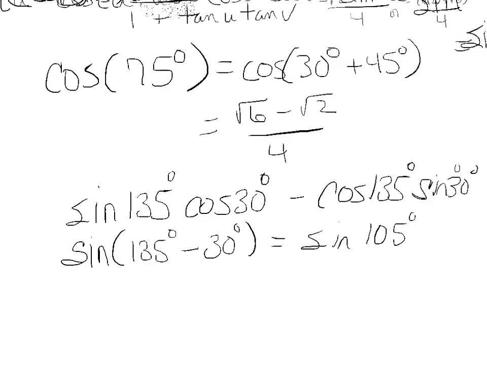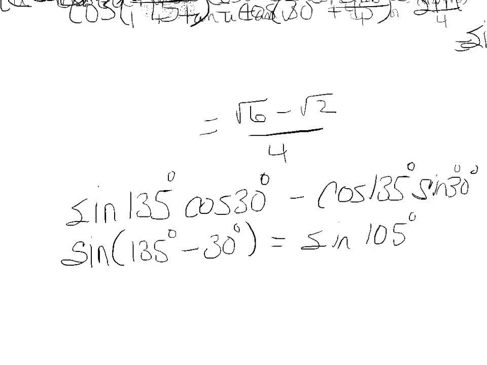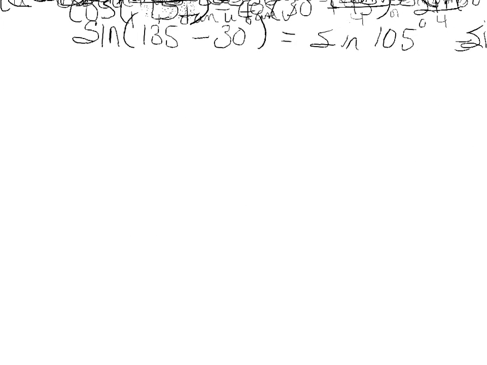All right, another thing that you're going to be asked to do is find the exact value of the sine of u plus v. So we'll be using the sine of u plus v formula.